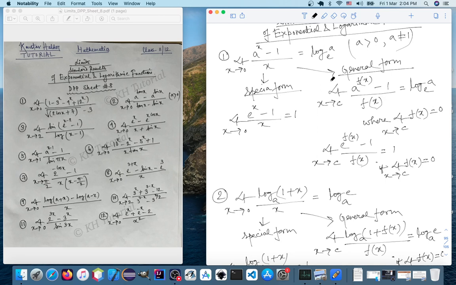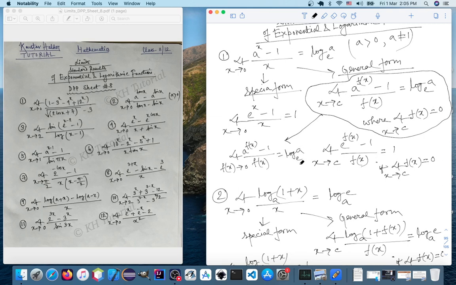Now this whole form is normally written in a compact form in the textbook, like this: limit f(x) tending to 0, a to the power f(x) minus 1 over f(x), is log a to the base e.